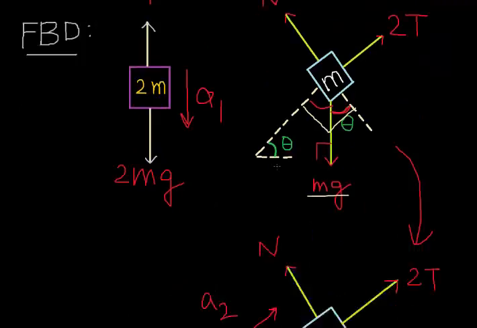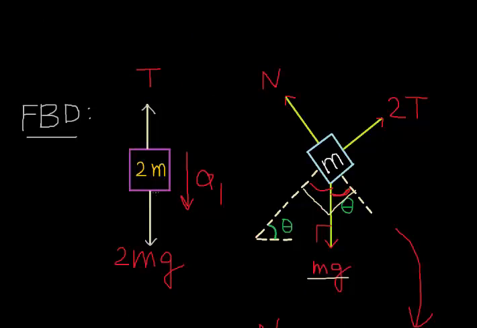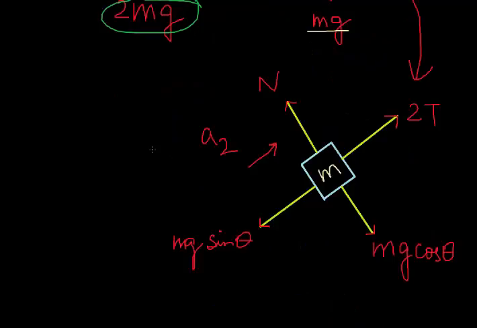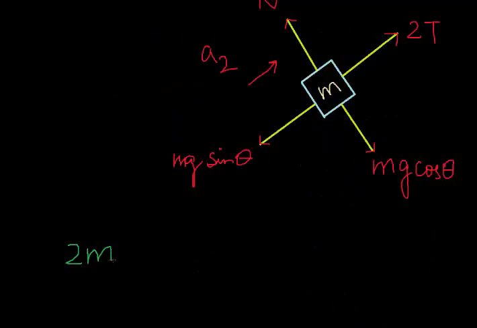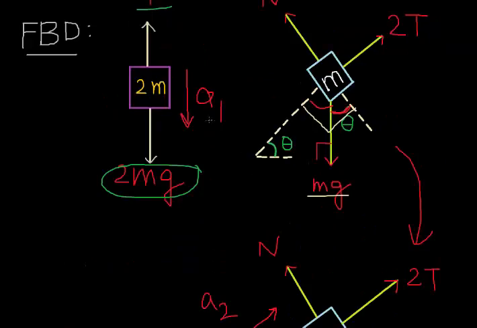Now we have to form the force equations from the free body diagrams. In this free body diagram of block 2M, the block is going downwards, so we can say that the 2mg force is dominating the tension. So the total force on the block is 2mg minus T, and it is equal to mass into acceleration.